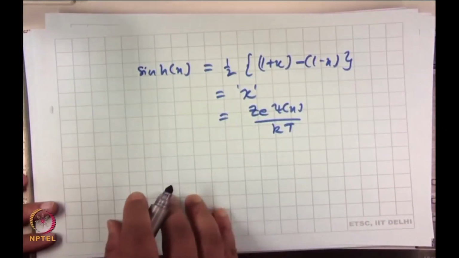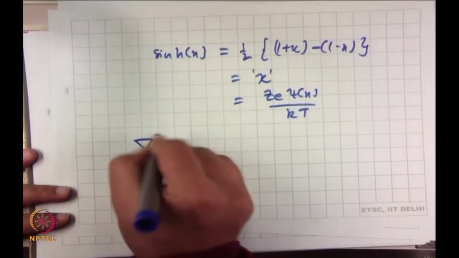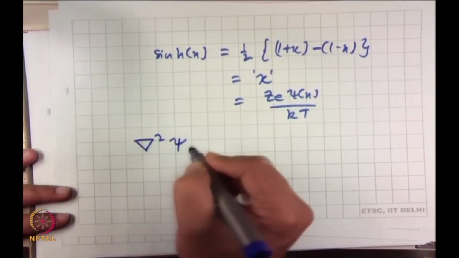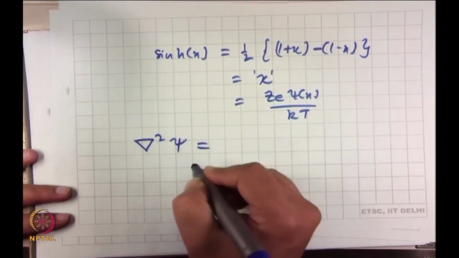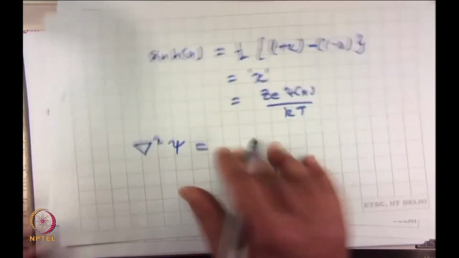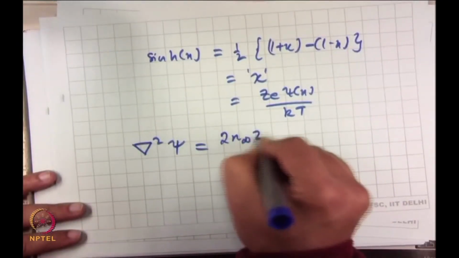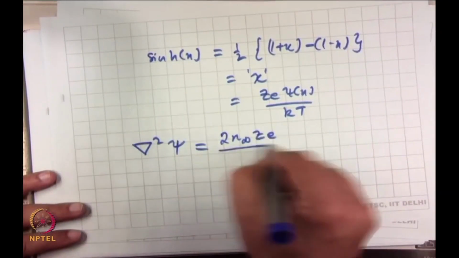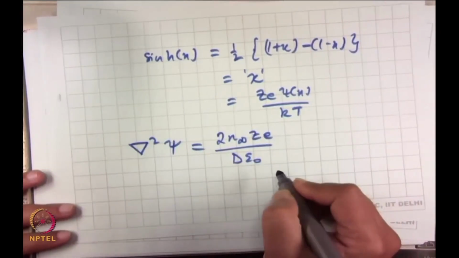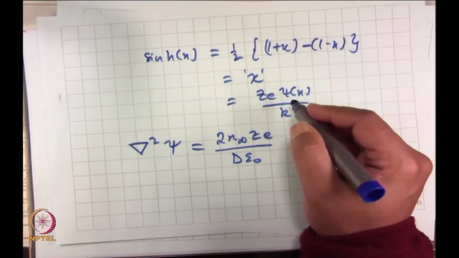So, my non-linear Poisson Boltzmann equation now looks like this. It looks like del square psi is equal to, what are the factors I had? The factors I had were 2 n infinity, then z, then e over epsilon 0. Now, this whole hyperbolic sine of x gets replaced by only x.